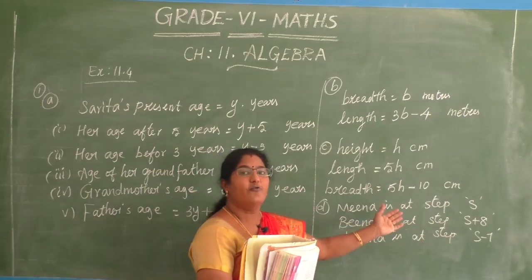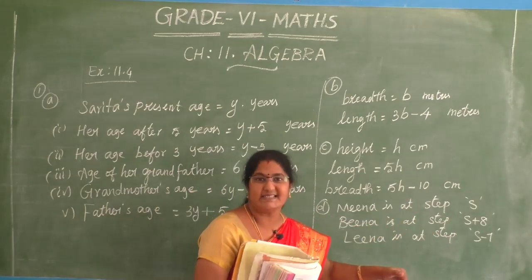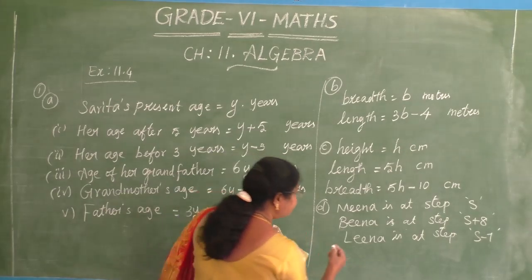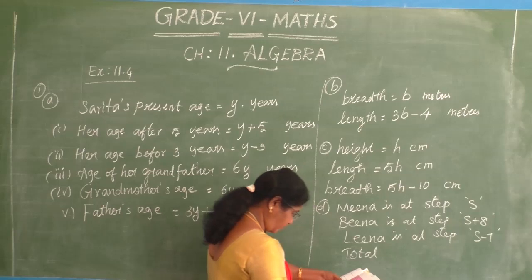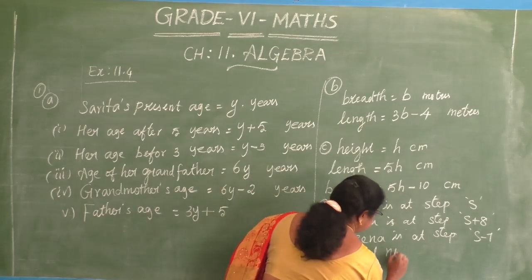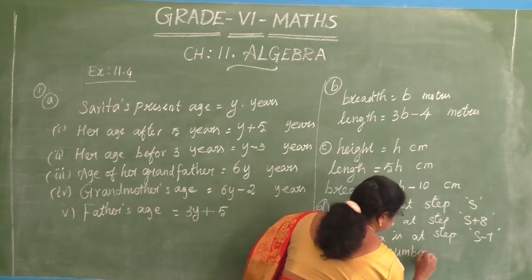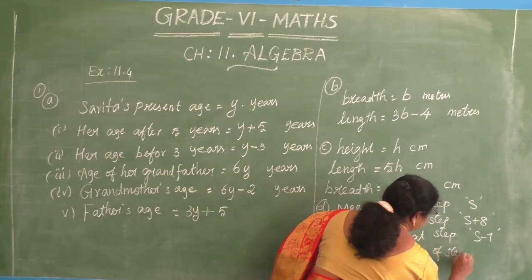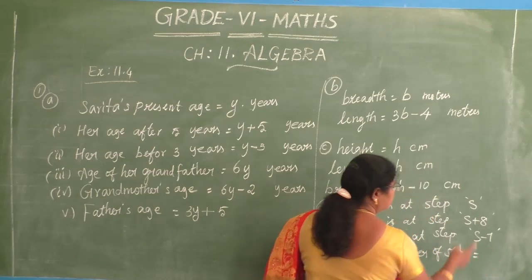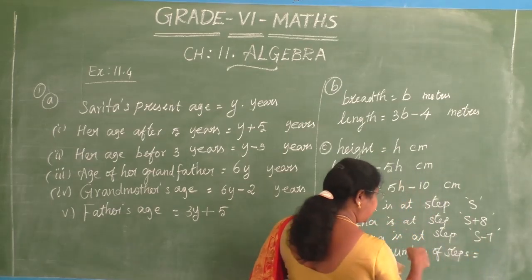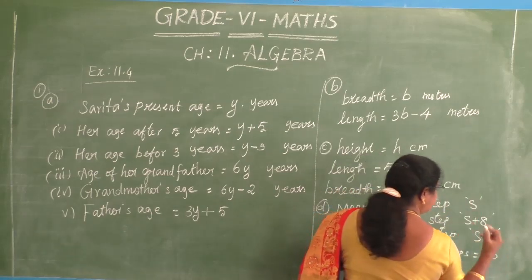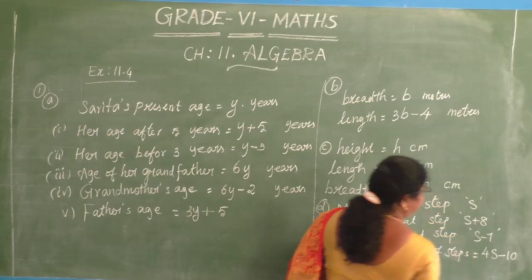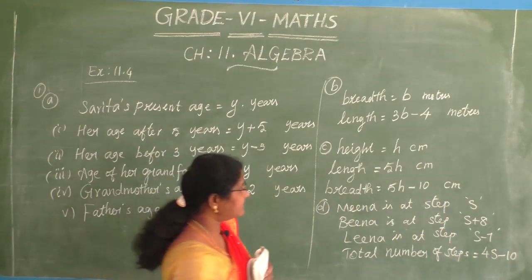So the total number of steps is equal to 4s minus 10.